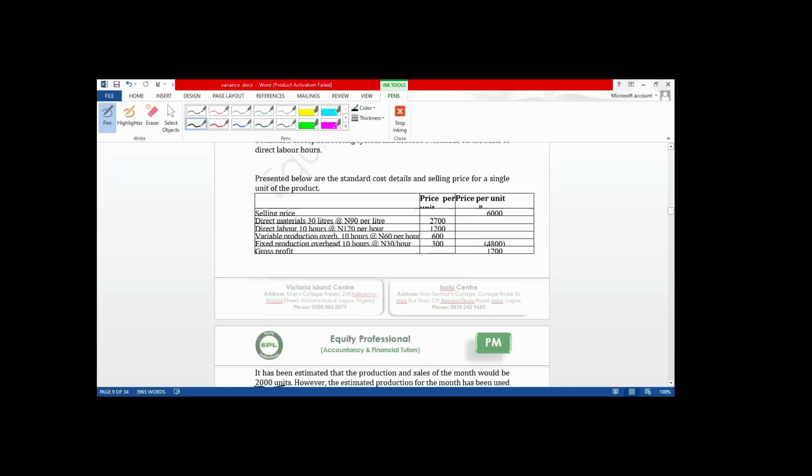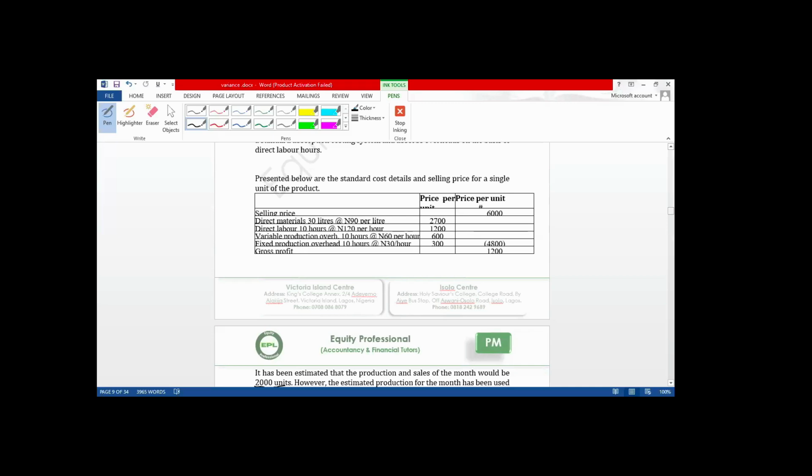The standard cost per unit is 4,800. If you are to value your closing stock, you don't put profit to your unsold stock. You only use the standard cost.